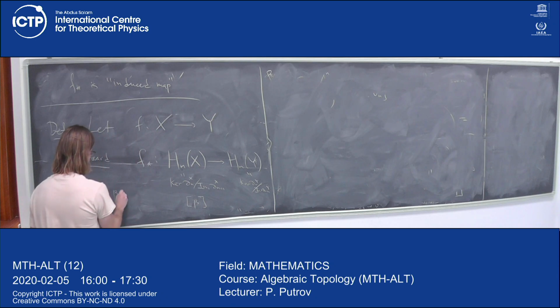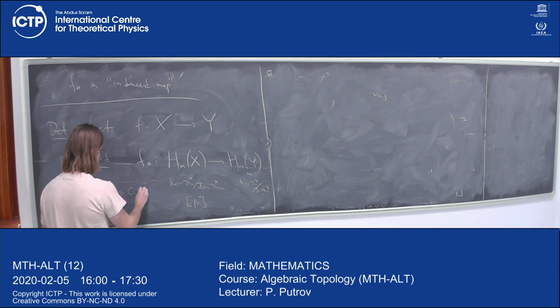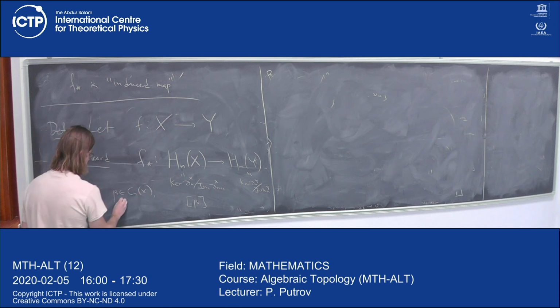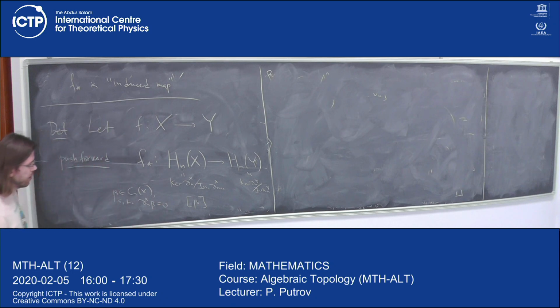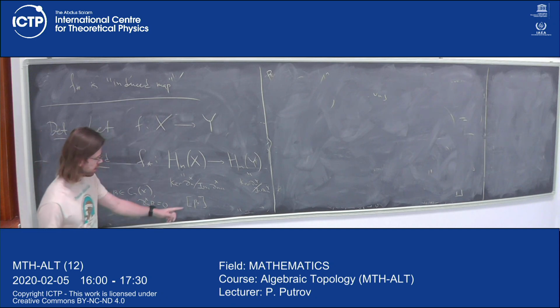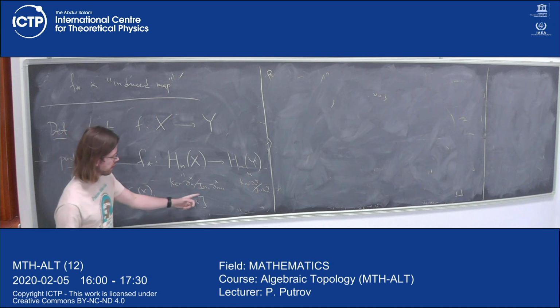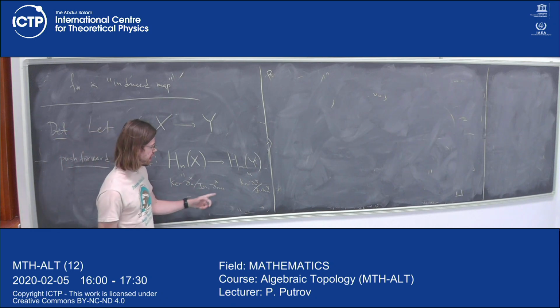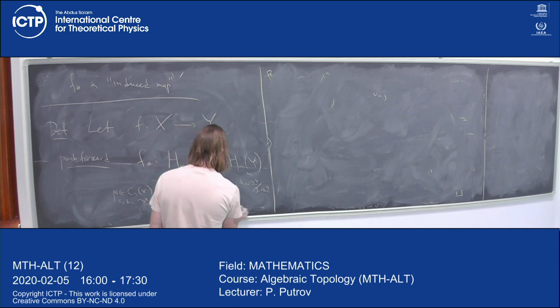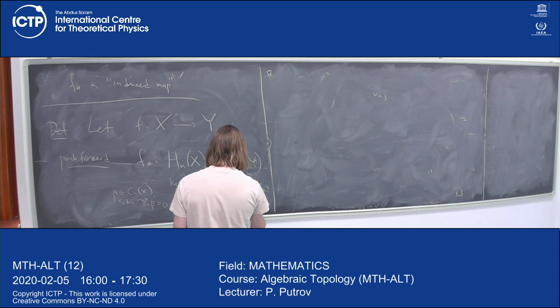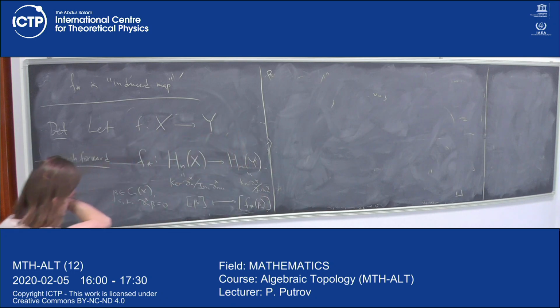The elements in this group are represented by elements beta in C_n of X such that d_n beta is 0, and we consider the equivalence relation corresponding to adding elements in the image. And we want to take this to the class of F sharp of beta. This is how we want to define it.